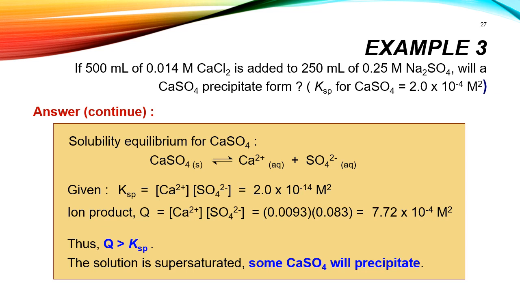By substituting the concentrations obtained from the calculations, we can determine the ion product, Q, which is 7.72 × 10^-4. By comparing Q and K, we can observe that Q is greater than Ksp. Thus, the solution is supersaturated, so some of the calcium sulfate will precipitate.